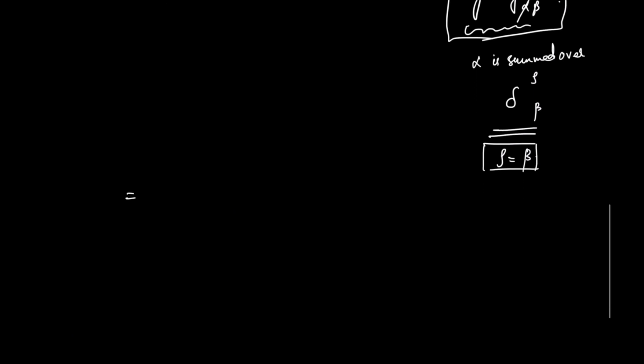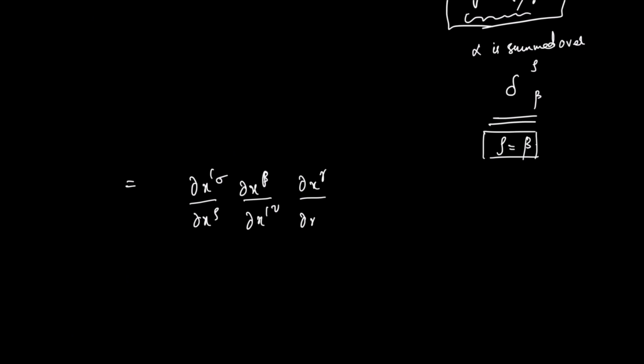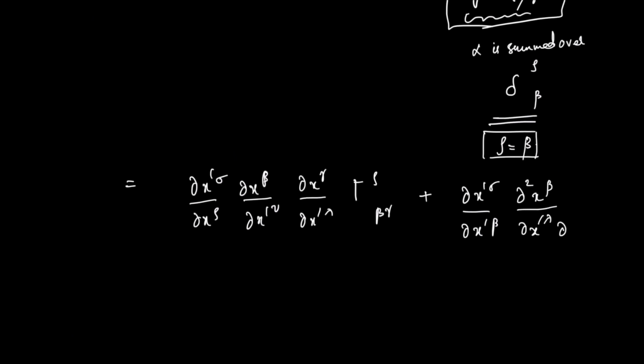So once I substitute rho equal to beta, I will get partial derivative of x prime sigma with respect to x rho, x beta with respect to x prime nu, x gamma with respect to x prime lambda, Christoffel symbol rho beta gamma, plus partial derivative of x prime sigma with respect to x beta, second derivative of x beta with respect to... Okay.